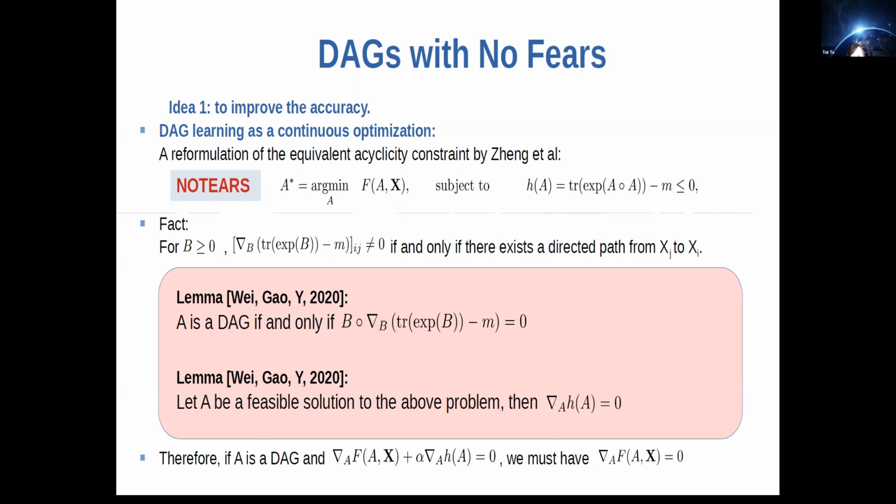So the first thing we can show is that A is a DAG if and only if B dot the gradient of the DAG constraint is equal to 0.